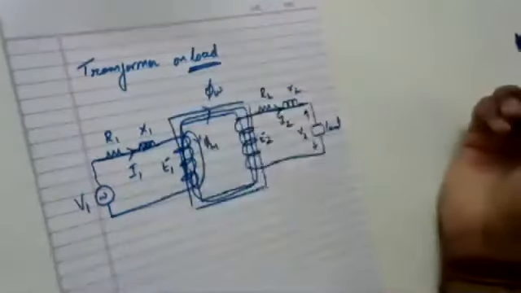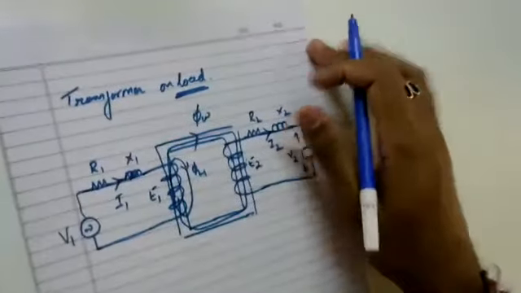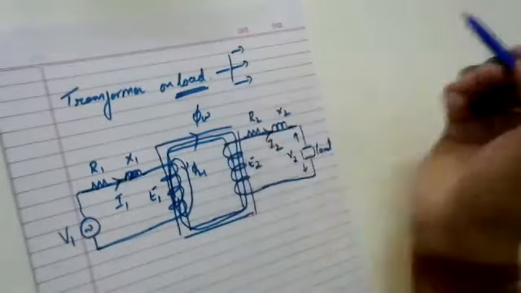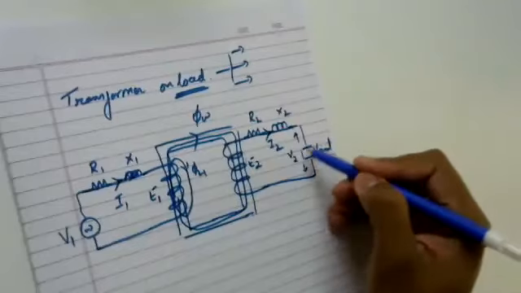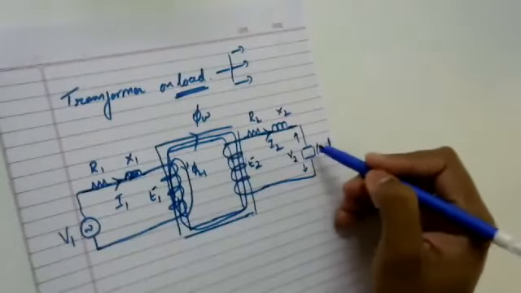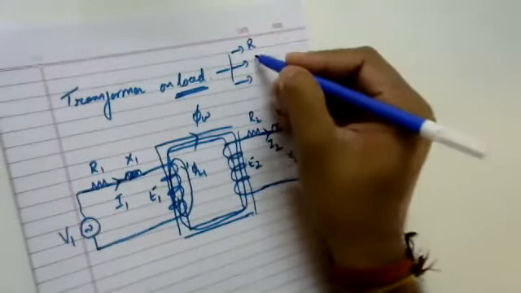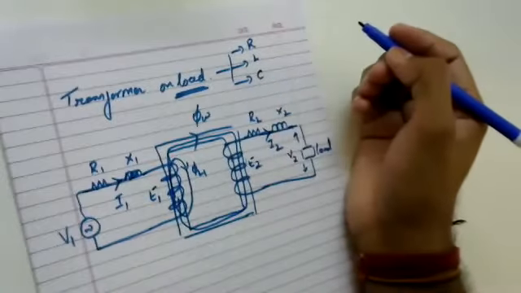In my electrical circuit, I'm having three types of loads. This load, at present, I've shown as a black box, some square box. This load can be either a resistive load, an inductive load, or a capacitive load.